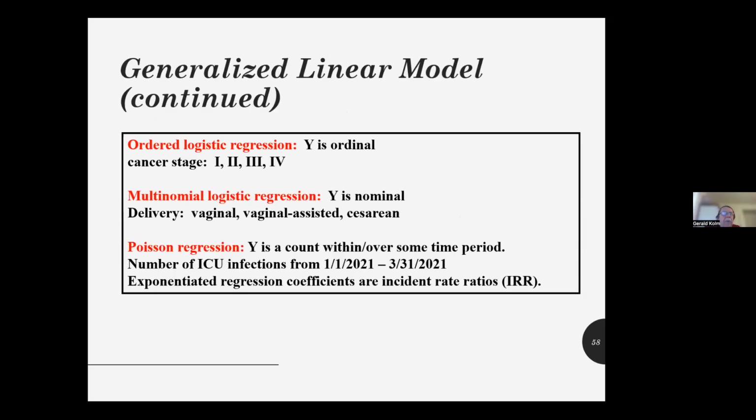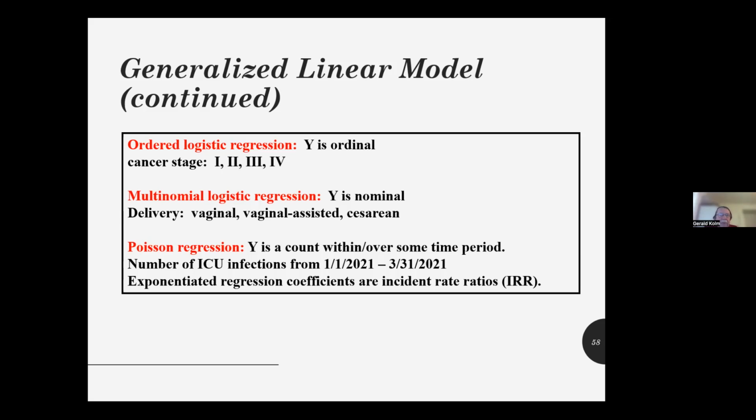And then we can do logistic regression with more than just dichotomous outcomes. We can do what's called ordinal logistic regression, where the outcome is ordinal in nature, and multinomial logistic regression, where y is nominal. They're in categories, not particularly ordered. You might assign them a number, but there's no order to the categories. And then we can do what's called Poisson regression, where the outcome is a count over some particular time period.